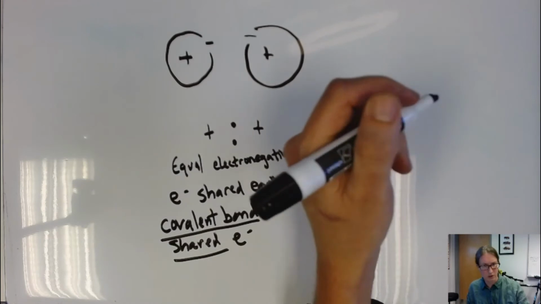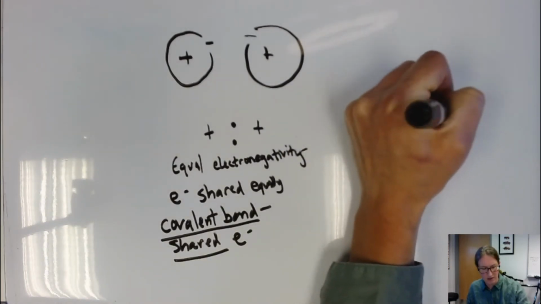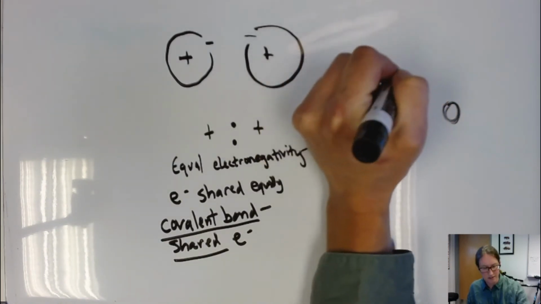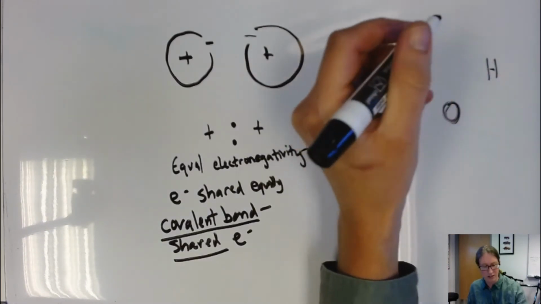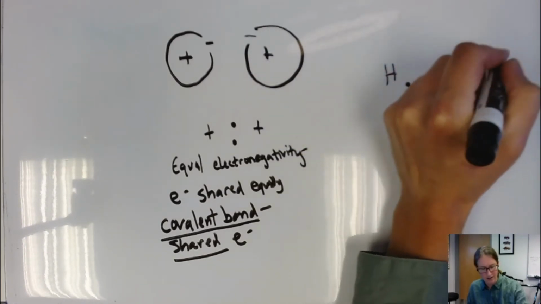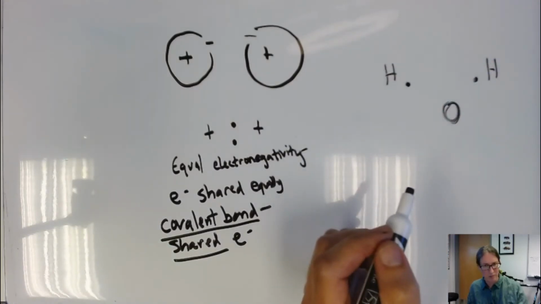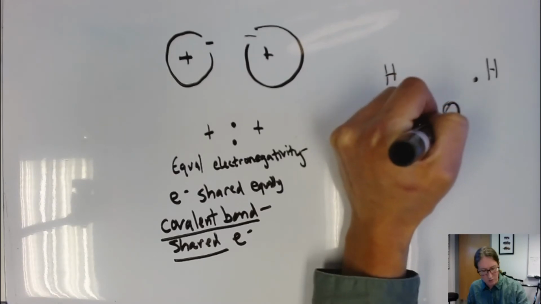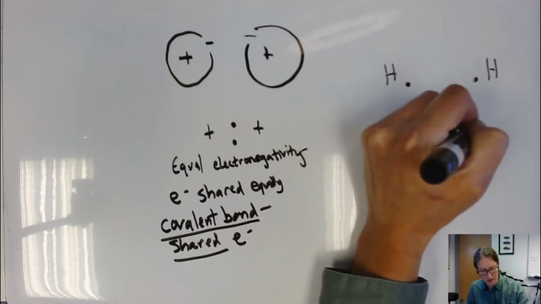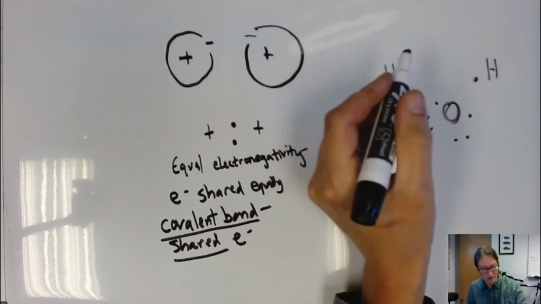Okay, so let's just draw a picture of that right here. So here is the oxygen nucleus. Here is a hydrogen or a proton and a hydrogen, and initially we've got just a single electron in the outermost valence shell there, and for this oxygen we've got two unpaired electrons.